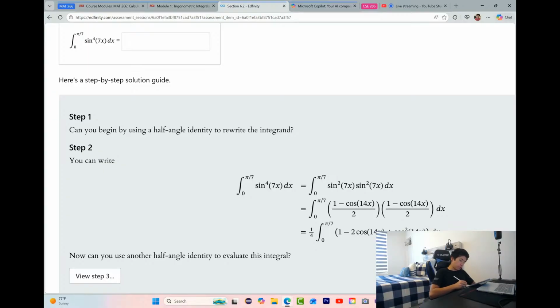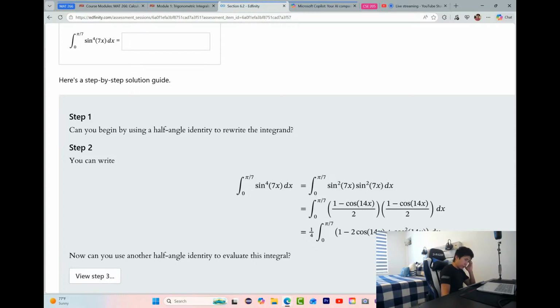So there is where we can use the next half angle identity. Let's do that. So we can have something like 1 minus 2 cosine of 8x and cosine squared of 8x.